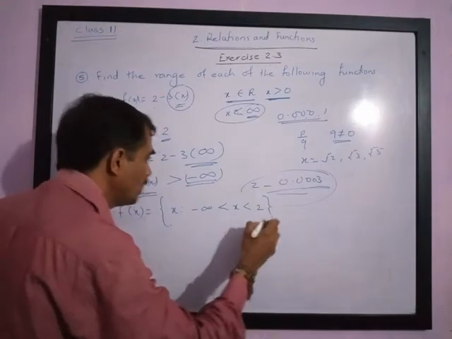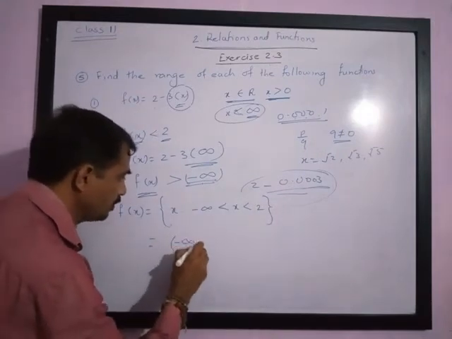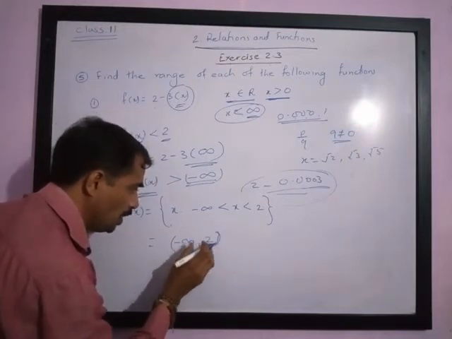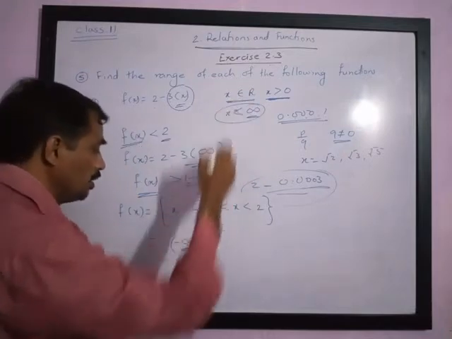This can also be written in this form, that is round bracket negative infinity comma 2 round bracket. It means it will have all the values between negative infinity and 2, but they must be real numbers.